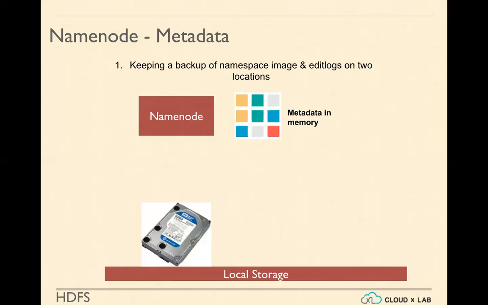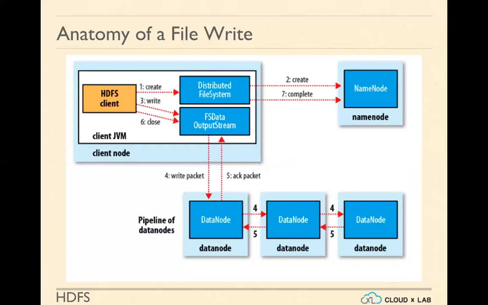Okay. Question from Partha is, if the write is happening on multiple data nodes, how come one data node can confirm the write is complete? So in this example, when we were talking, we were considering there was only one data block. Okay, writing is happening only on one data node. Replication is happening to others.